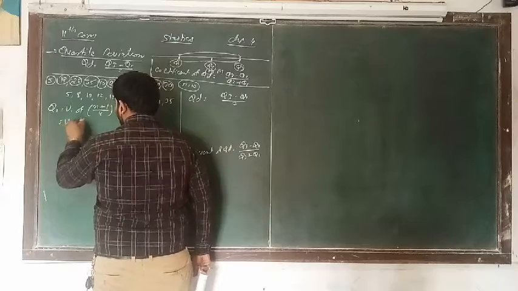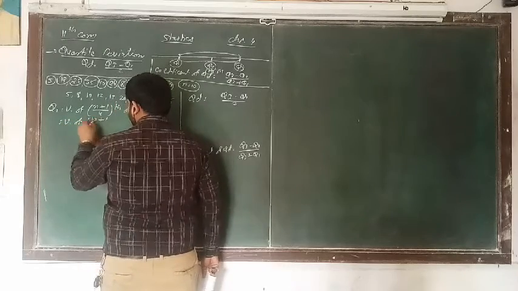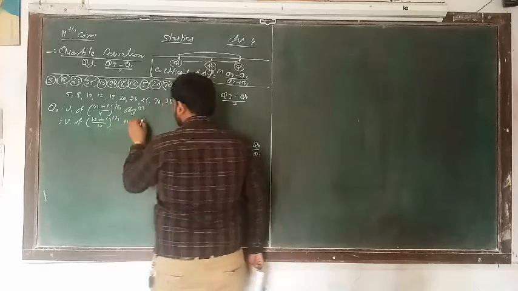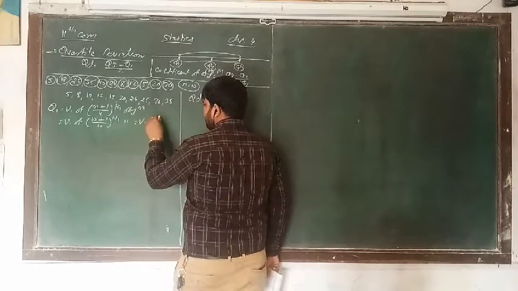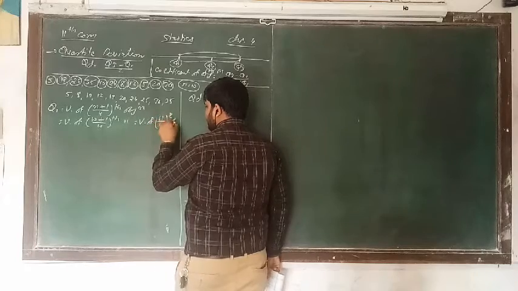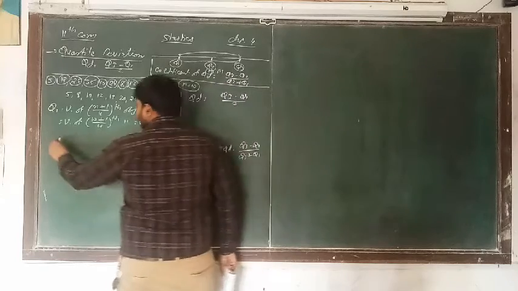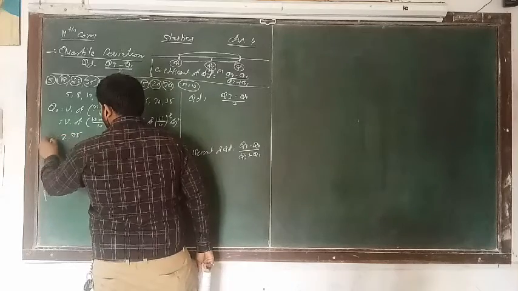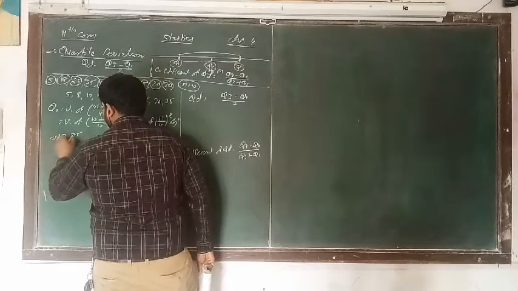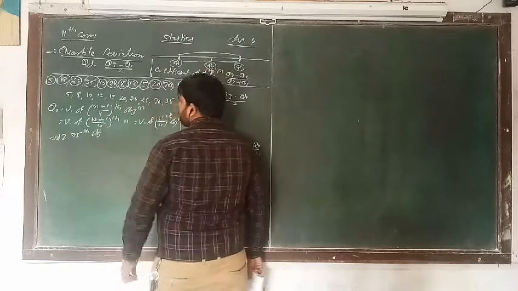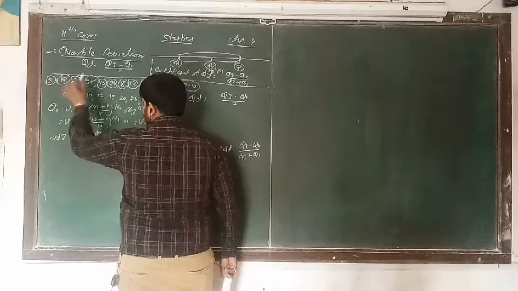So the value of (10 plus 1) divided by 4 observation, that is 11 divided by 4, which is 2.75. So the value of the 2.75th observation. The second observation is 8.